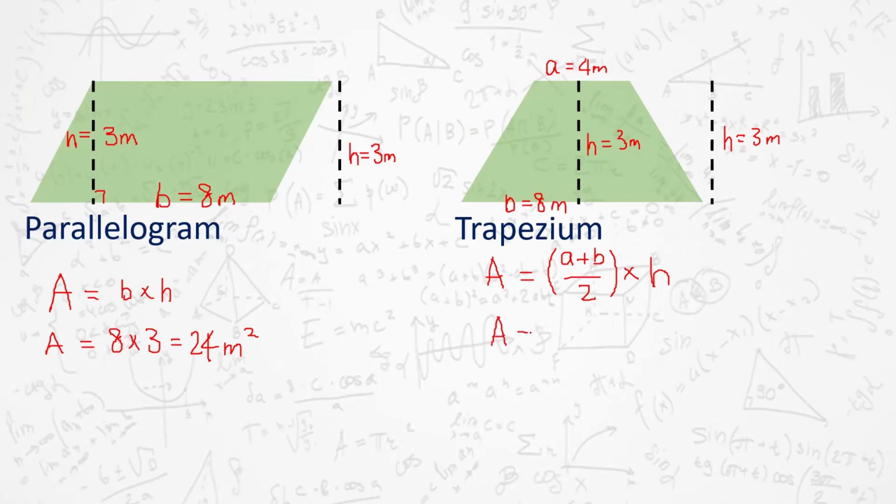Therefore, to find out my area, I would have 4 plus 8, then divided by 2 to find my average length, then times my height, 3. So my area equals 4 plus 8 equals 12, 12 divided by 2 is 6, times 3, which is 18 meters squared. So that's how we calculate the areas of parallelogram and trapezium.